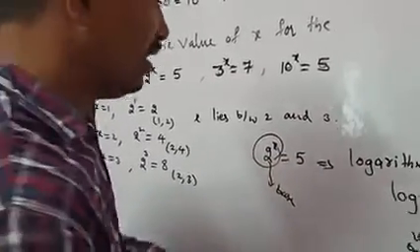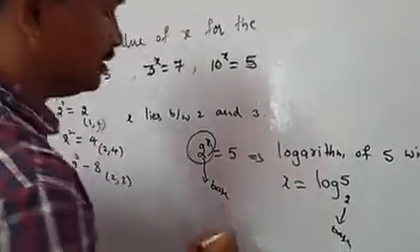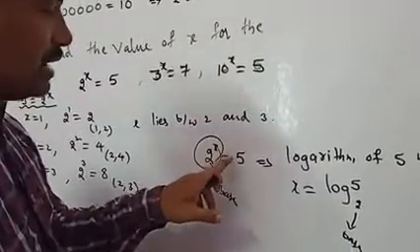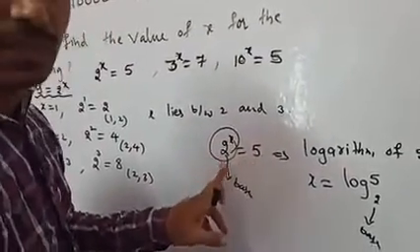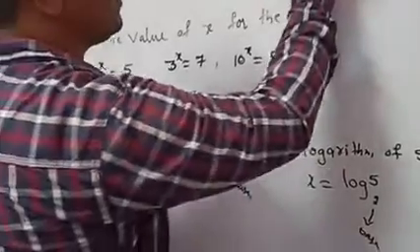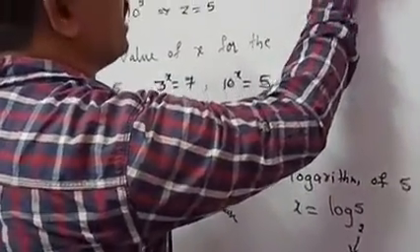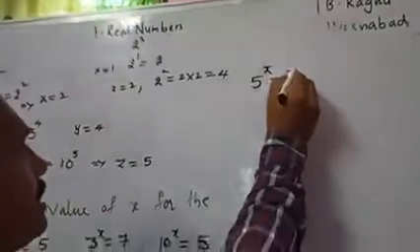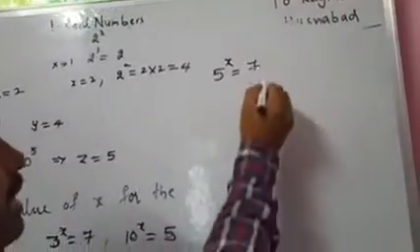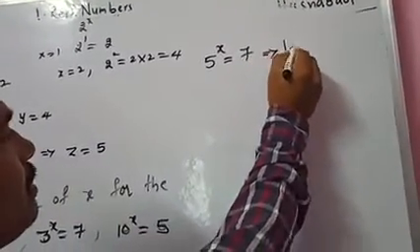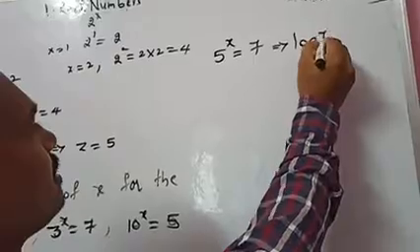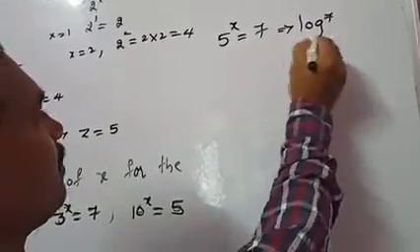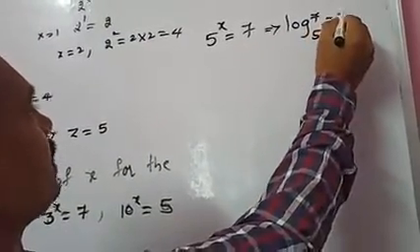So that is the value of x. What is the value of x? x equal to log 5 base 2. For example, 5 power x equal to 7. How can you write it in the logarithm form? So log 7 base 5 equal to x.